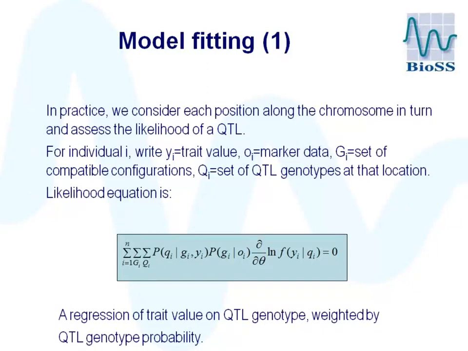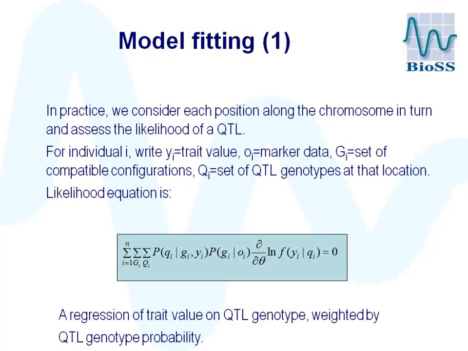And then to actually calculate the likelihood profile, it will step along the chromosome, relating the trait data to the inferred QTL information at that point, and changing the weights in a weighted regression. We use information on all markers to infer what the most likely QTL genotype is.